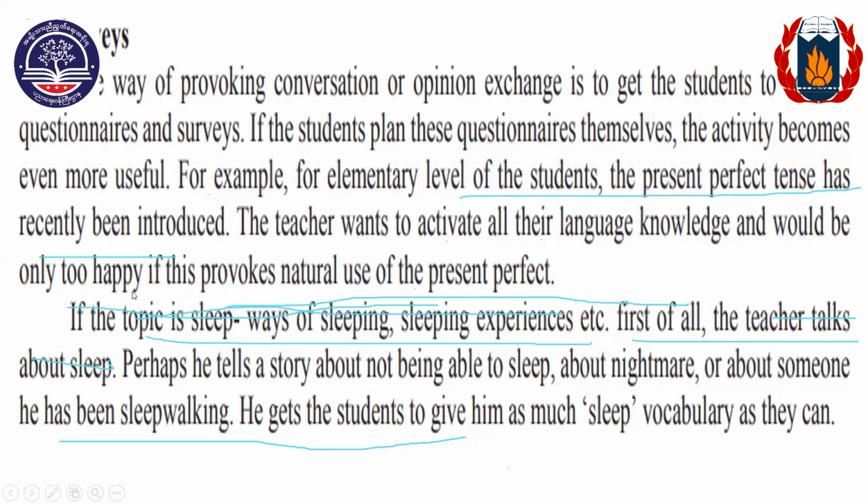When they have finished making the questionnaire, they can ask their questions to their friends or to other people or to their family members. But they cannot ask their family members in English. They can ask their friends in English. It is important to use the target language. So information gaps and surveys activities also can be used.